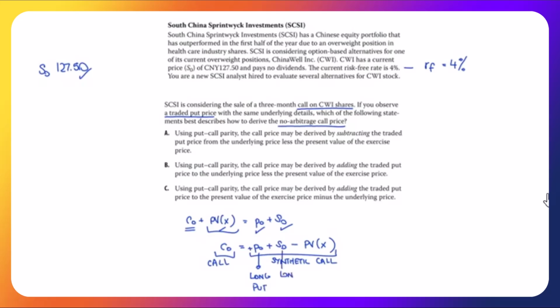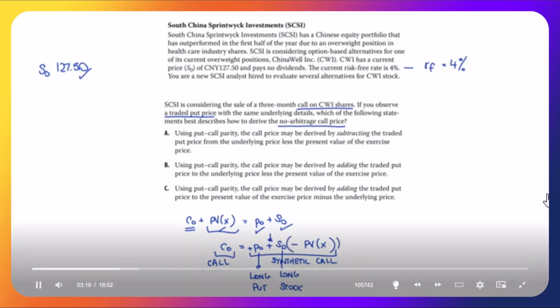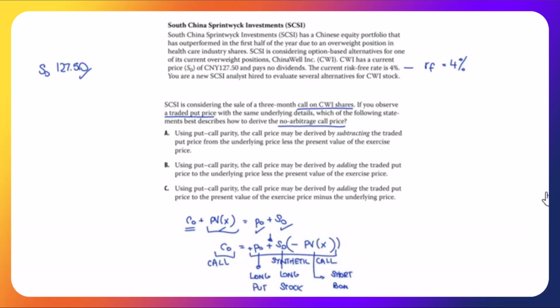You will go long on the underlying stock because the sign here is positive, minus PVX. You would be short on the bond. What does that mean? You would sell a bond. If you are selling a bond, you are borrowing.